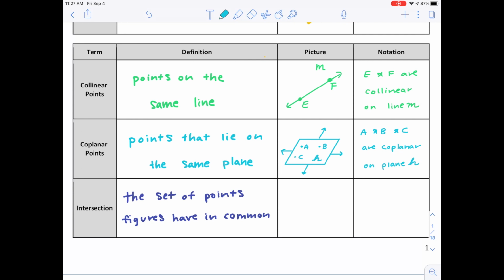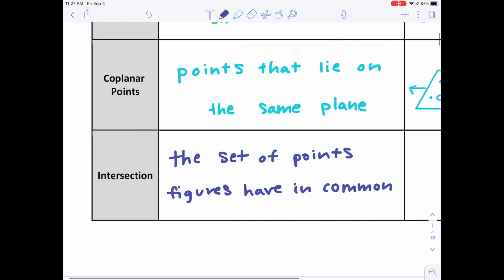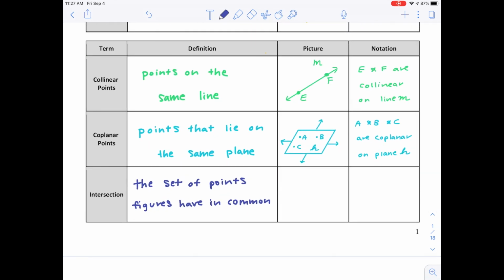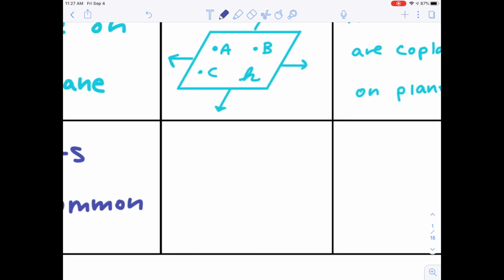The last thing that we're going to do for new terms is intersection. And it's really important. In the past, you've seen intersection, but we're going to define it a little differently. An intersection is the set of points figures have in common. So for example, most of the time we talk about lines intersecting because that is what you've seen the most of in the past.